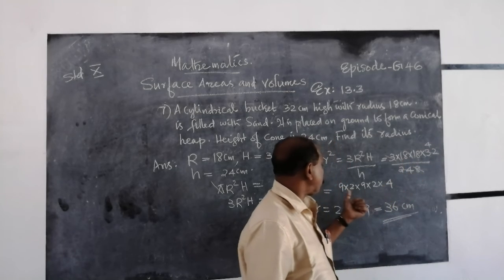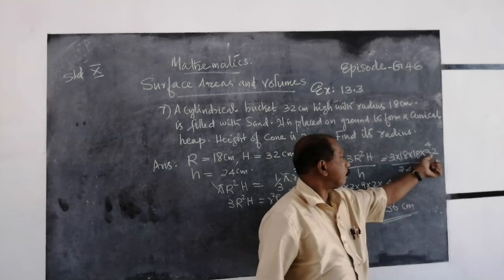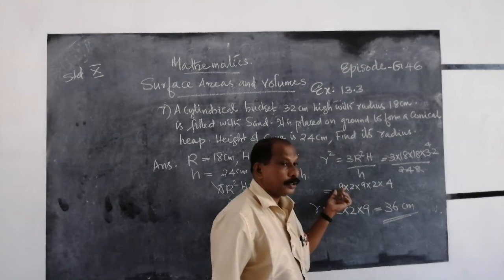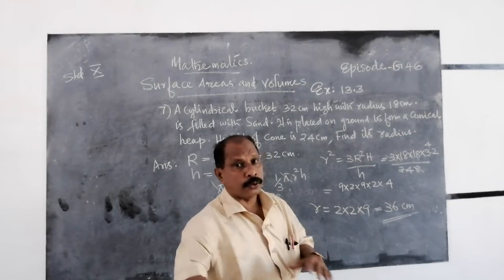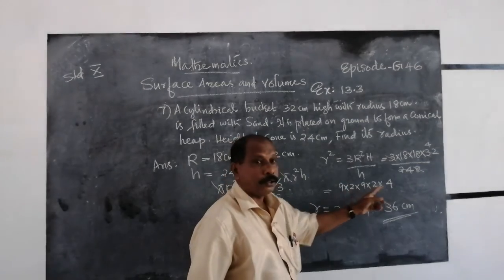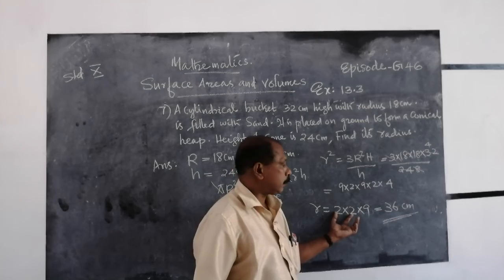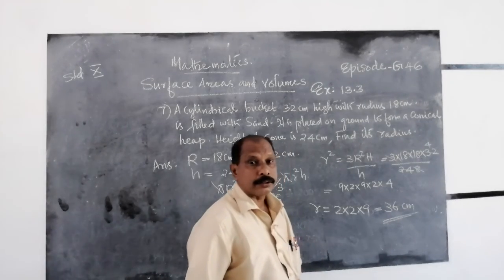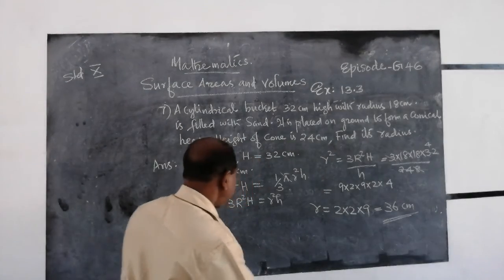Then 18 is 9 into 2, 18 is 9 into 2, and 4. Therefore, r square is 9 into 9 into 2 into 2 into 4. Therefore, r is the square root of these. Therefore, that answer is 1 nine, 1 two and 4, that is 2 into 2, 4, 4 into 9, 36. Therefore, radius is equal to 36 centimeter.